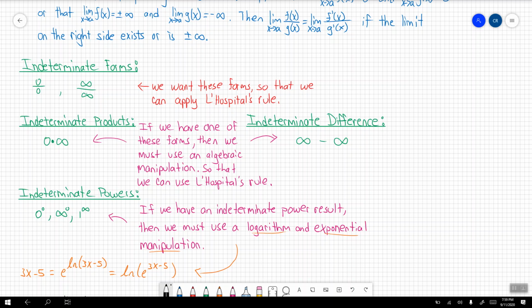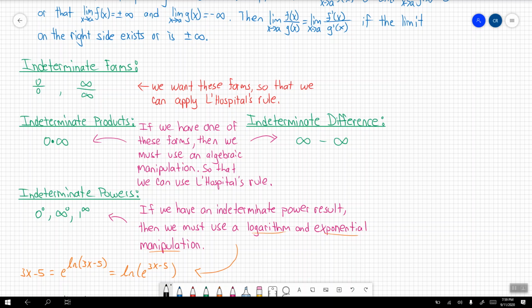There will also be two other indeterminate forms: indeterminate products and indeterminate differences. If we see that our limit will give us an indeterminate product or an indeterminate difference, then we must use an algebraic manipulation.